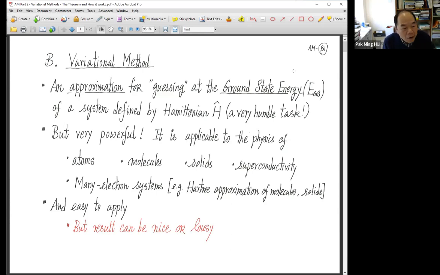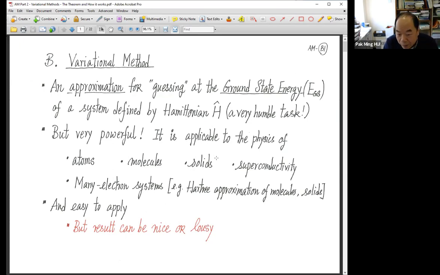We are shooting only at the ground state energy. Okay, so get this point before we move on. Don't abuse the method. Sometimes we really take it out of this limitation, but with a good reason, we will see. So very humble. We are aiming at the ground state energy.